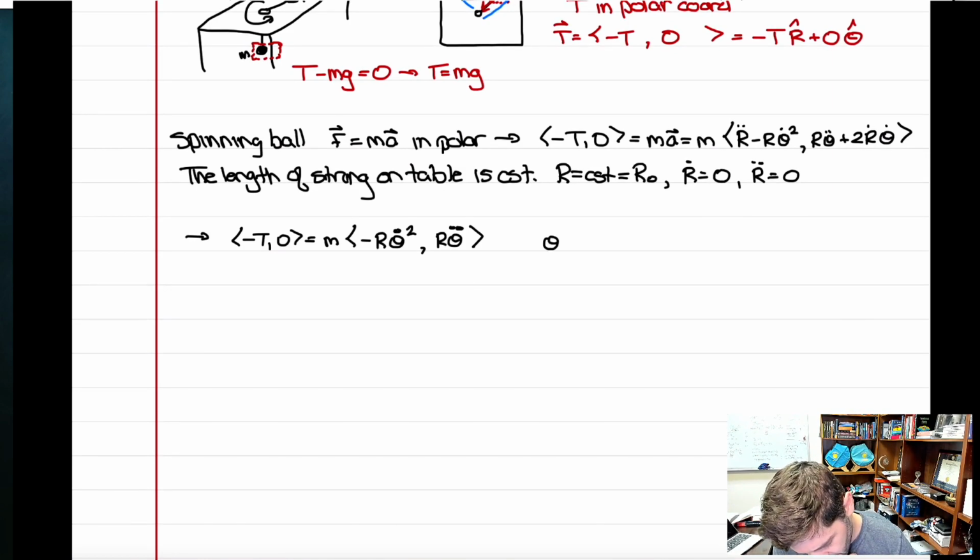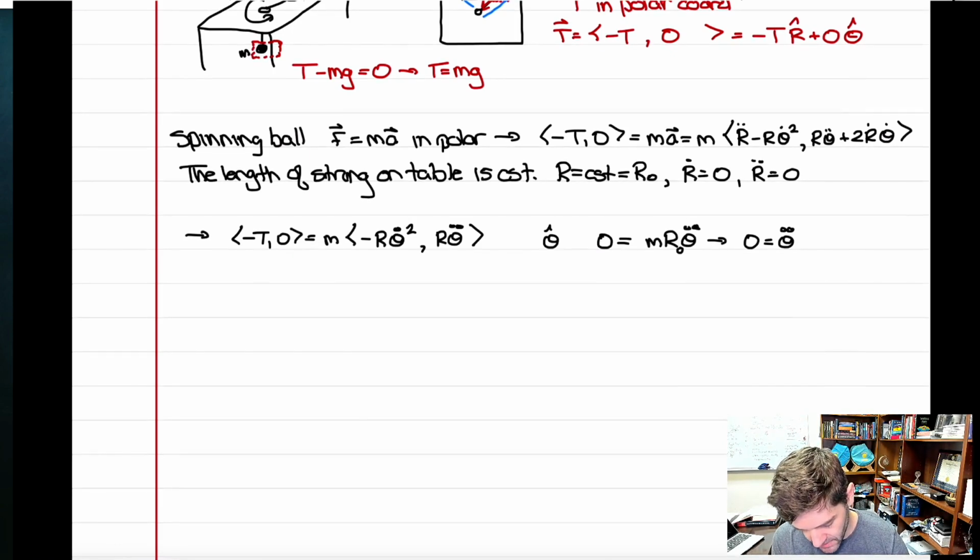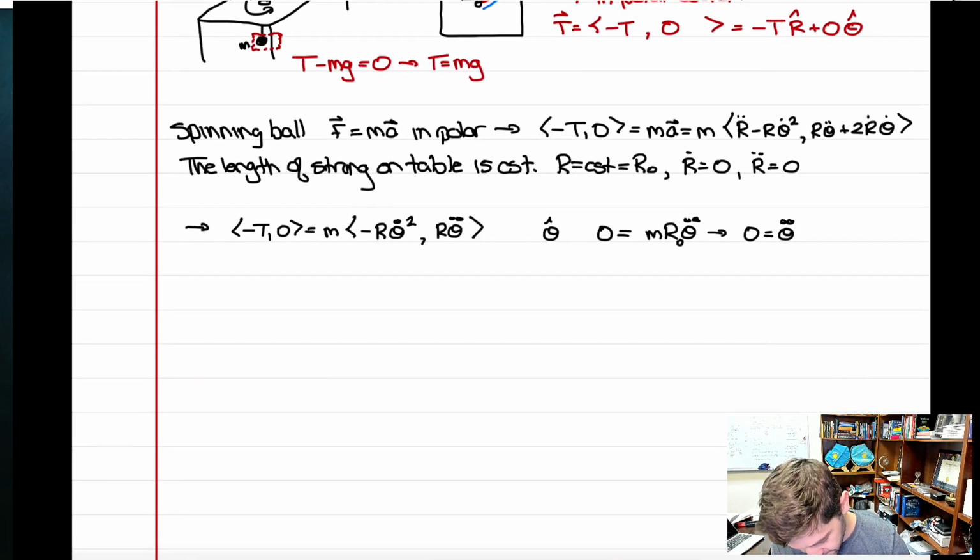If I look at the theta component, the second component, that looks like it says 0 equals m r theta double dot. R we said is a constant, so I'll write this as r naught instead. M and r are constants, so this looks like it's saying theta double dot is 0. Which I can take the integral of, because this is the same thing as d by dt of theta dot.